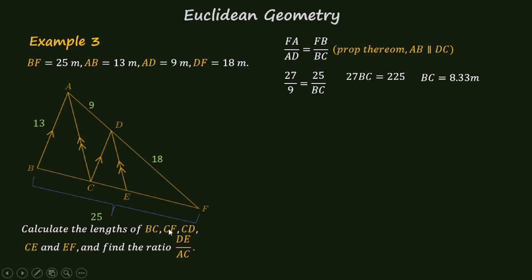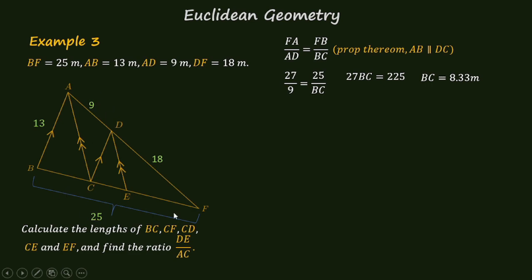Now let us find the length of CF, or FC. We still look in the same triangle, the triangle FAB, in which DC is parallel to AB. We can write the ratio FC over BC equals FD over AD. We already have all this.